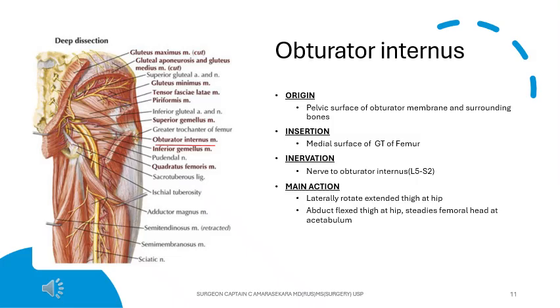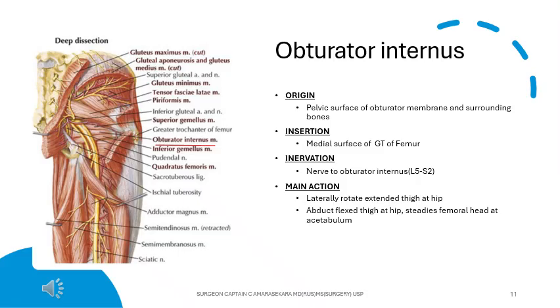Let's now turn our attention to the obturator internus, a deep fan-shaped muscle that plays a central role in lateral rotation and stabilization of the hip joint. Anatomically, the origin of obturator internus is from the pelvic surface of the obturator membrane and surrounding bony margins of the obturator foramen.